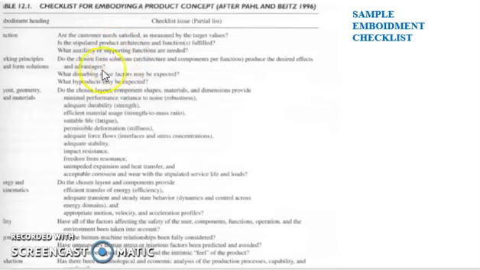The performance of the product is verified according to the questions set in the embodiment checklist. Once the product satisfactorily answers all these questions mentioned in the second column, the product layout is considered to be final for the development phase.